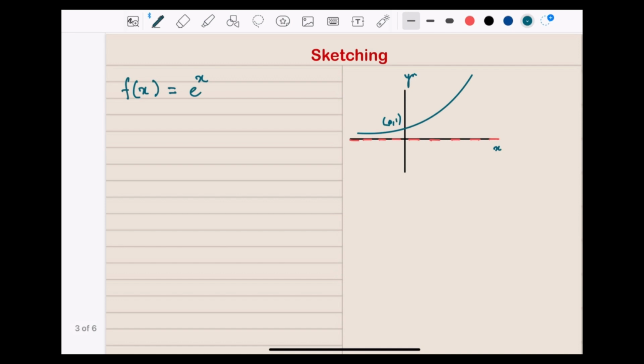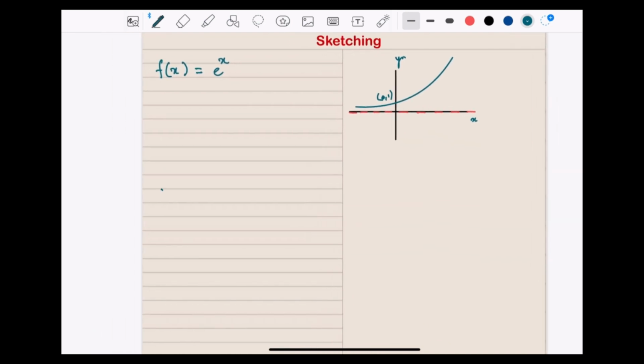If I say f of x plus 2, then the equation becomes y equals, since f of x was e to the power of x, e to the power of x plus 2, and this makes the graph shift 2 units up.